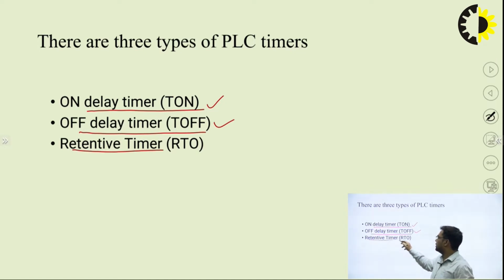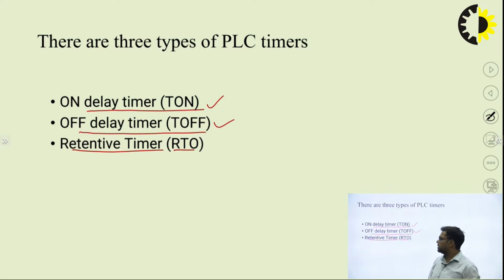Another timer we generally use is known as the retentive timer, represented as RTO. The RTO timer is basically used when the power is suddenly cut in the system, but the counting of the timer will not stop, or the process will resume from where it stopped.